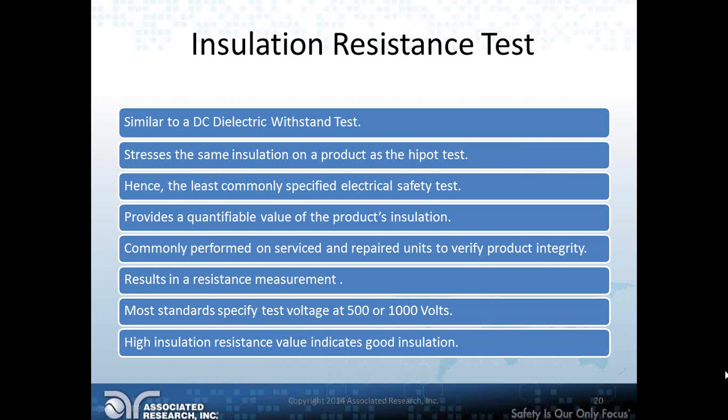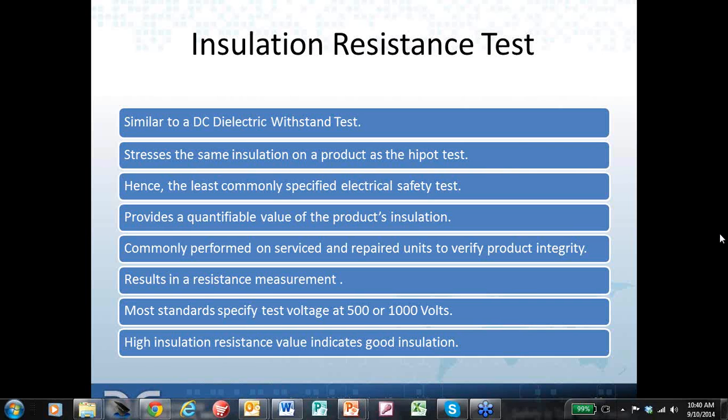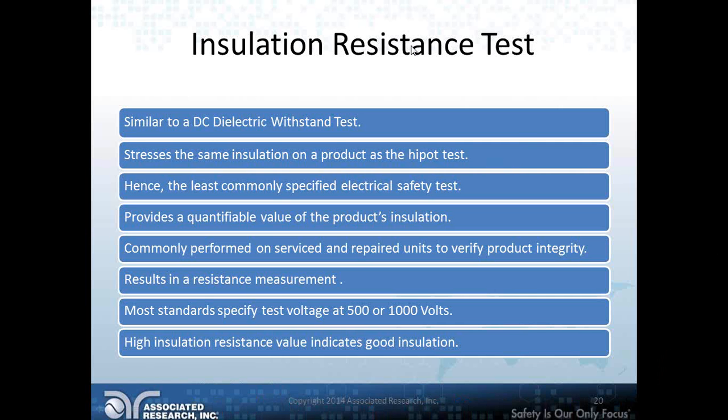Well, if I was a manufacturer of a product, I would definitely find out which standard my product falls under, and the first thing I would do is get a copy of that standard and read through it in detail, paying close attention, because that's your best resource for finding out test parameters and other test settings that may be required for your product.